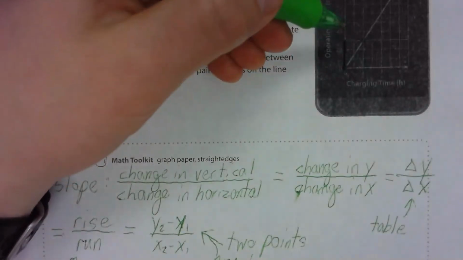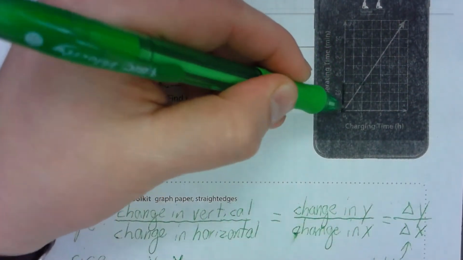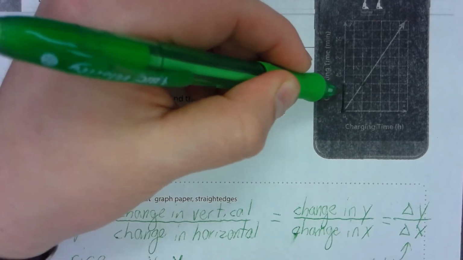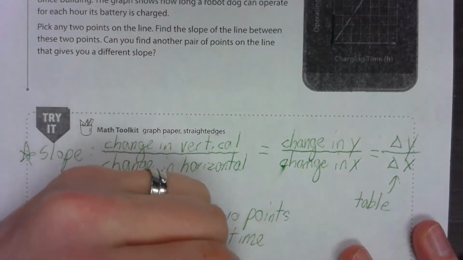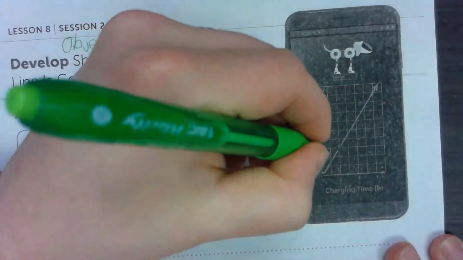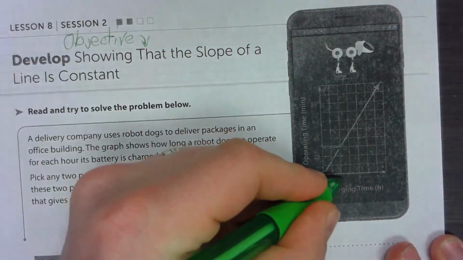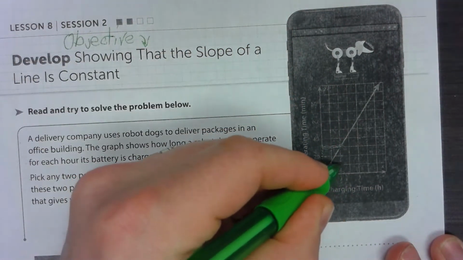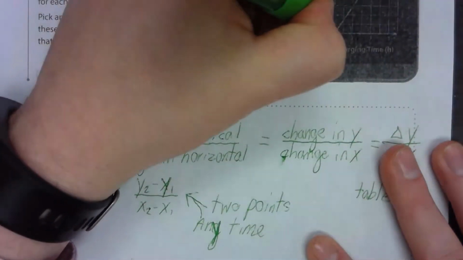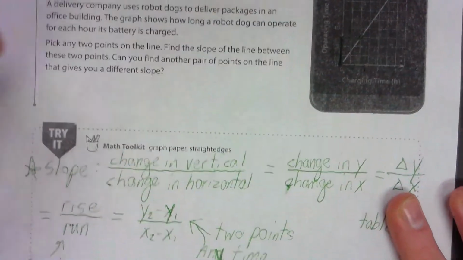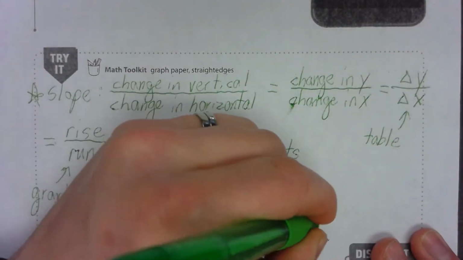It looks like my y is changing by 10, 20, 30, divided by how is my x changing? Well, it looks like it is going over 1. So it's going up 30 and over 1. Well, 30 divided by 1 is 30.